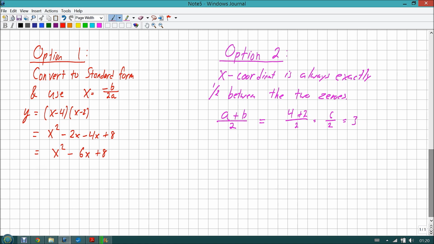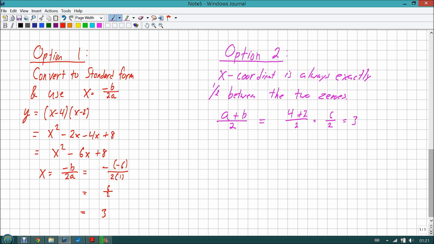And then using x is equal to negative b over 2a, I would have negative negative 6 over 2 times 1, which is 6 over 2, 3.